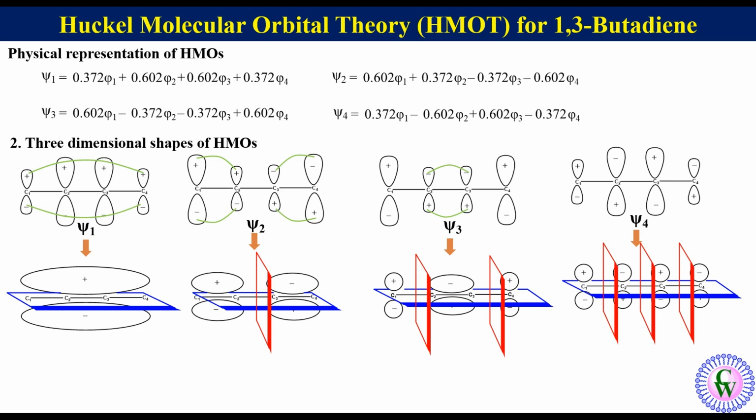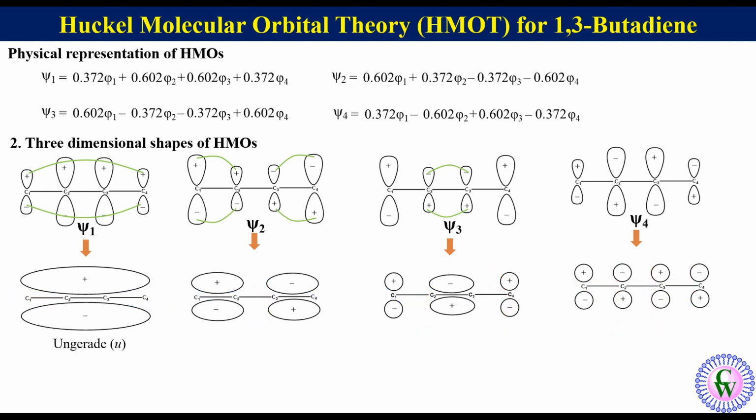If you look at psi 1, there is no center of inversion, so it is called ungerade and is also expressed by pi u. Psi 2 has an inversion center, so it is called gerade and is represented by pi g.